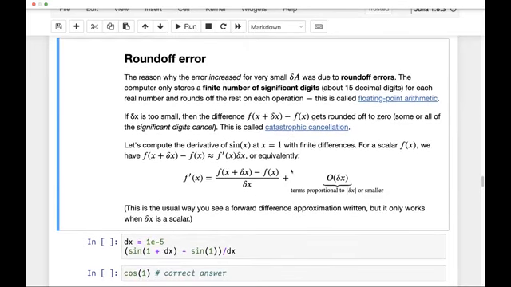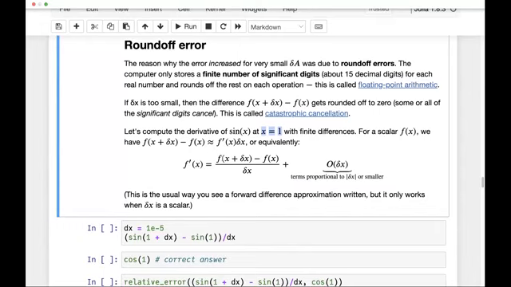It's easier to see with a simpler function, not a matrix function, but just a scalar function. So let's take sine of x at x equals 1. The exact derivative is just cosine of 1. Our finite difference approximation is f of x plus dx minus f of x over delta x, plus first order terms.